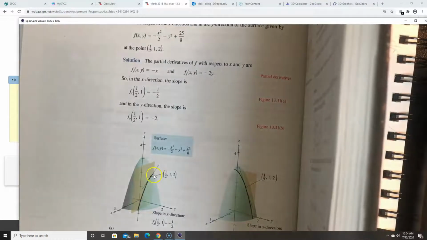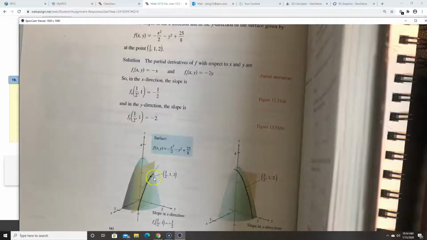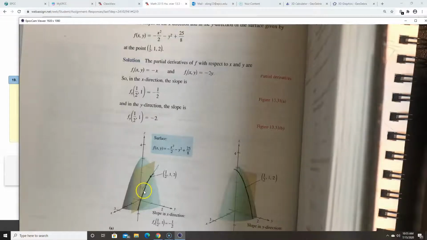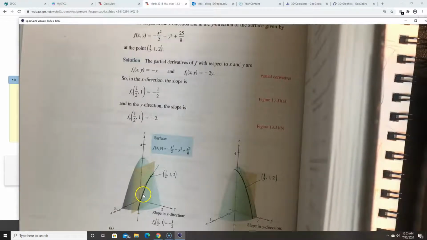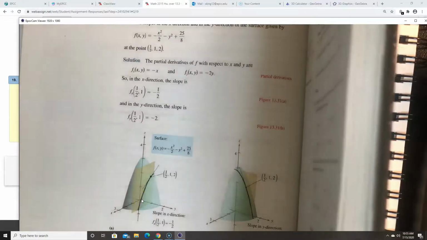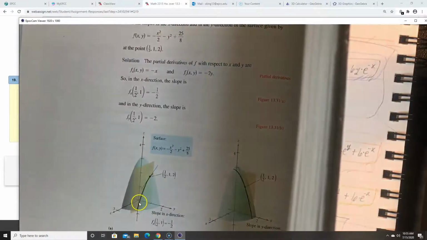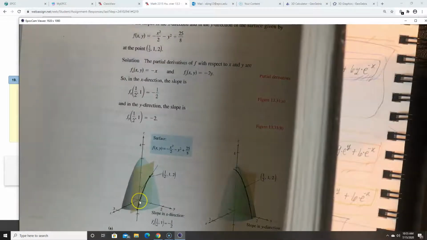You can see this surface is going downward. It's decreasing. And it looks like it becomes an even steeper decrease as you go this way, so the slopes would get larger and larger in a negative sense as we come along the surface.